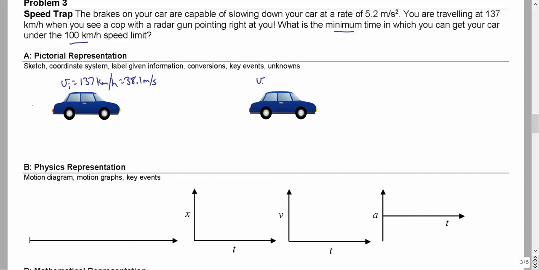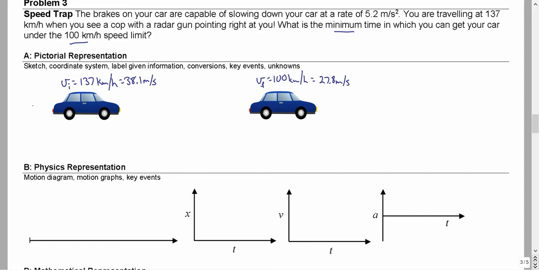My final velocity, my maximum final velocity, is going to be 100 kilometers per hour, which we know is 27.8 meters per second, or 27.77777.